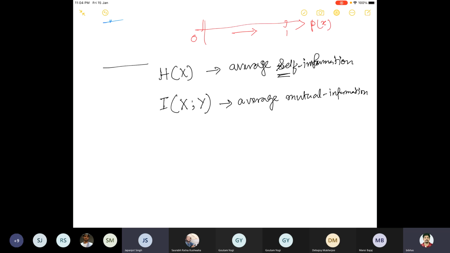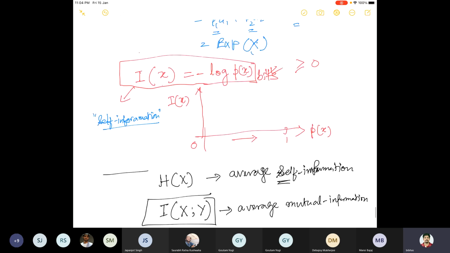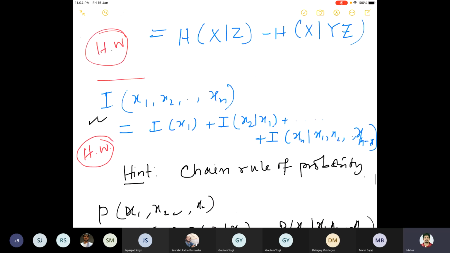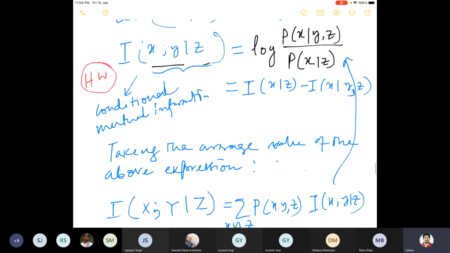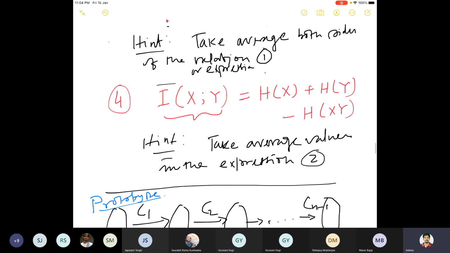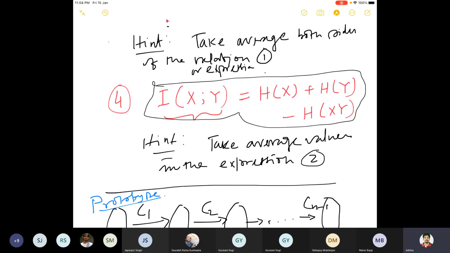So the question is, we proved, if this is my definition, we related this. If we go back to yesterday's class, you see here, this is what we explained in terms of entropy. This is the entropy of a random variable, this is the entropy of another random variable, and this is the entropy of the joint random variable.